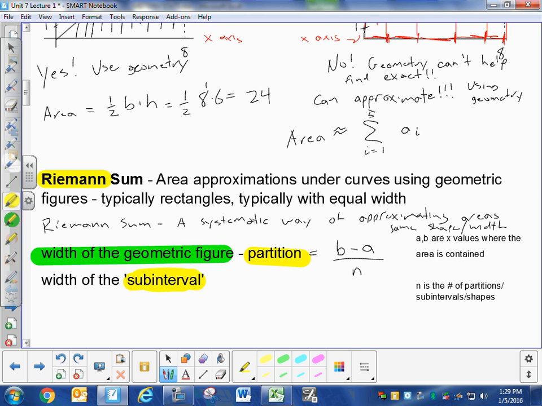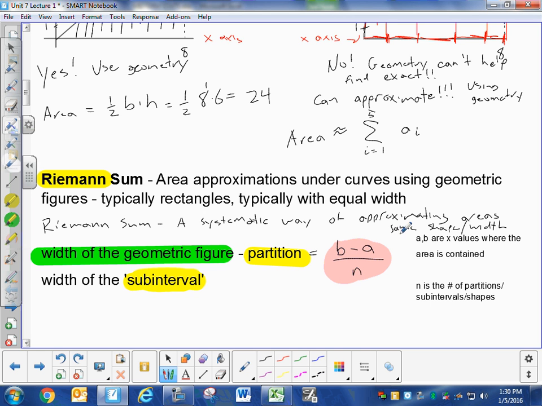That just means you're going to use 10 geometric objects, 10 rectangles. Now, you can find the width using this formula. However, you won't need this formula because the calculation is intuitive. If you go from 2 to 18 and you want 8 objects, each of the widths has to be 2. If you want 4 objects, each of the widths has to be 4. But this will work if it's not as intuitive.